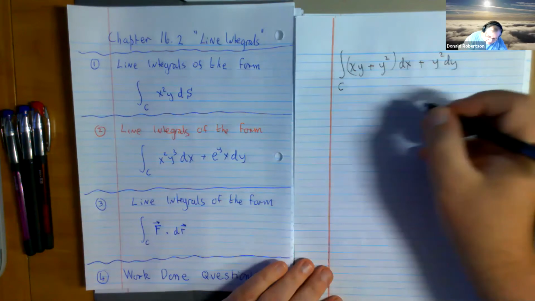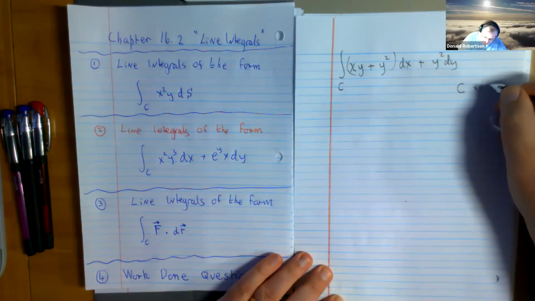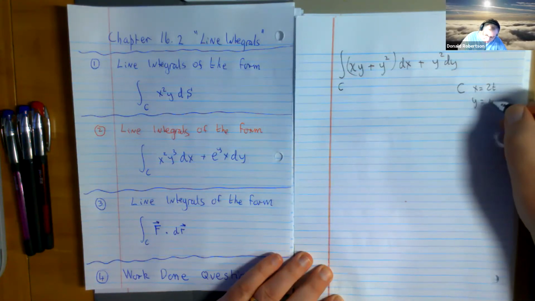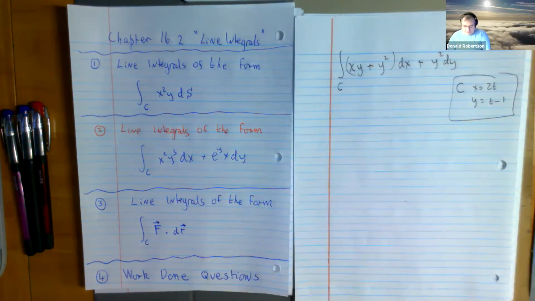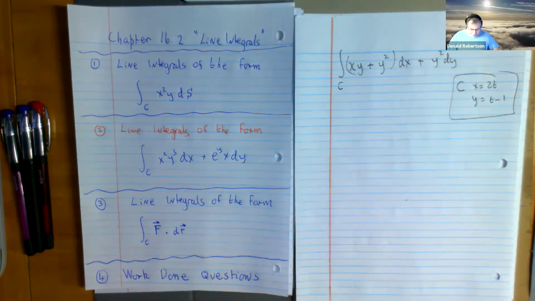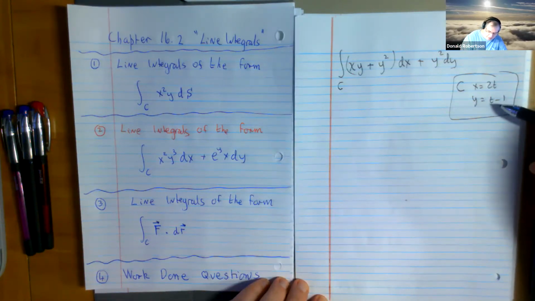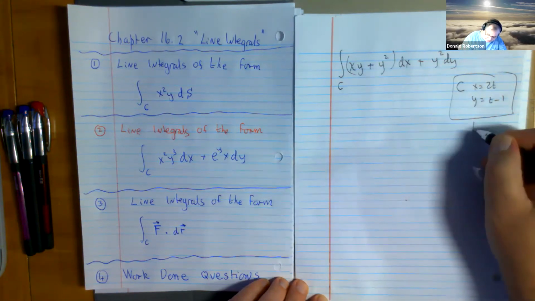And let's suppose I tell you that C is given already as a parametric. So in this question, since you know that that's parametric, what we do instead is, oh, and I have to tell you a start and finish, don't I?